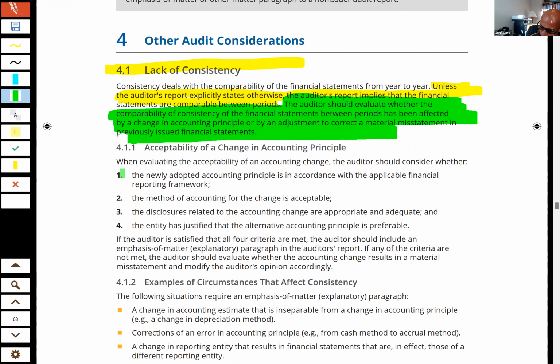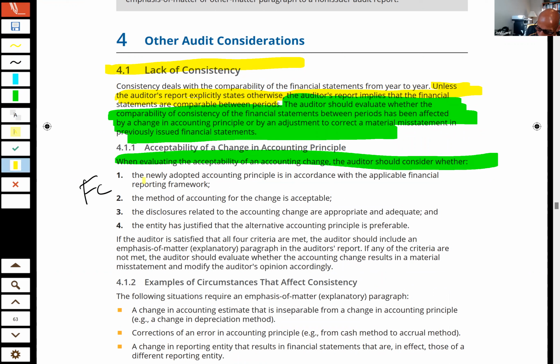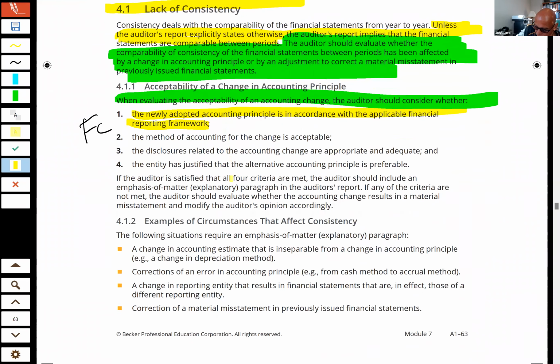Okay, and what makes it acceptable, we need to consider, and let's flashcard: the newly adopted accounting principles are in accordance with the applicable reporting framework, US GAAP. The method of accounting for the change is acceptable. Disclosures related to the change are appropriate, and the entity was justified.